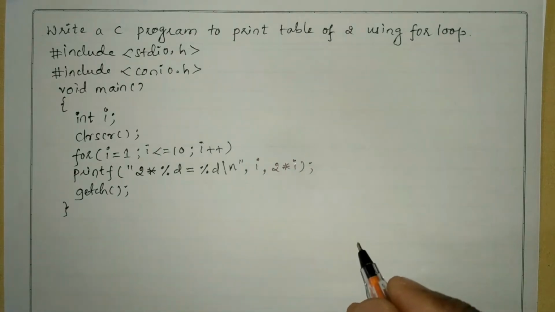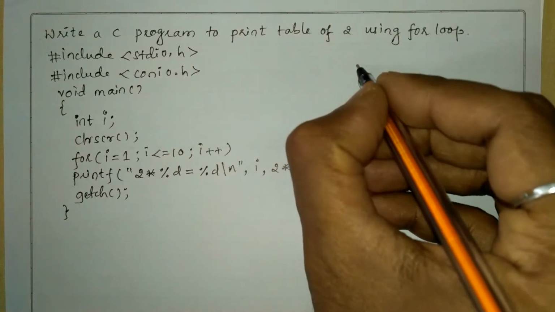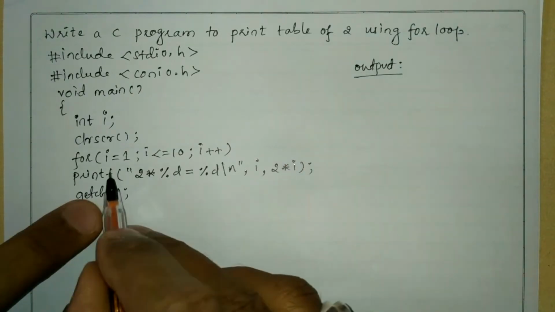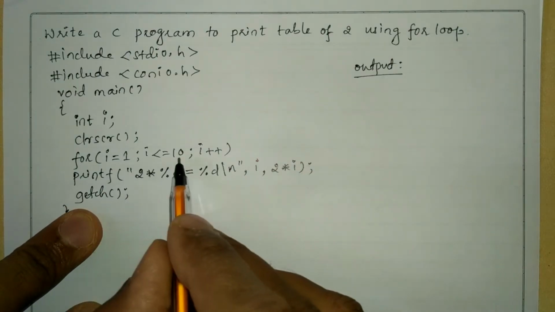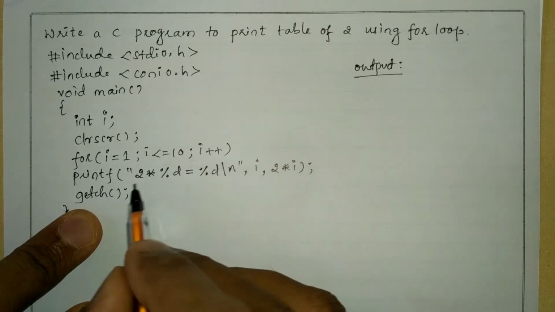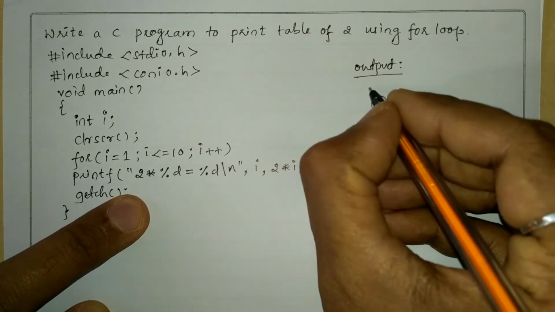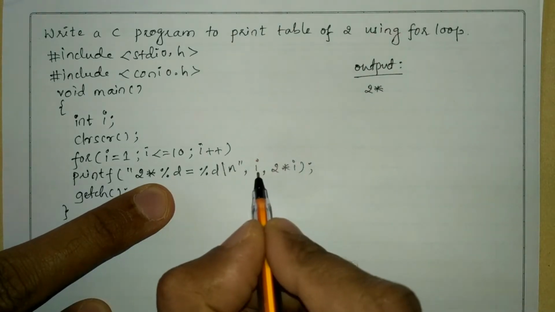So let us take an example and see how exactly this works. Here I'm going to write output. For the first time, i is equal to 1. 1 is less than or equal to 10, that is, condition is true. So it is going to print 2 into as it is, 2 into asterisk symbol. %d refers to the value of i.